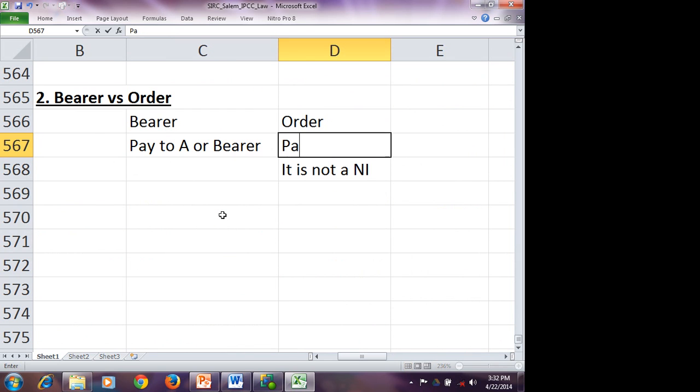But I simply say pay to A, then what will happen? I simply say pay to A. Bearer or order? Order instrument, because direction for payment is available and does not prohibit further negotiation.